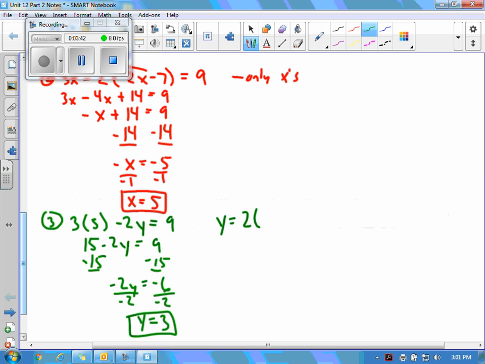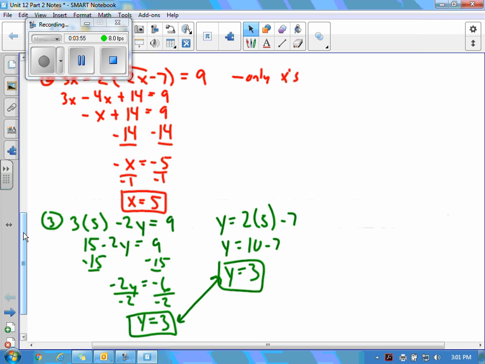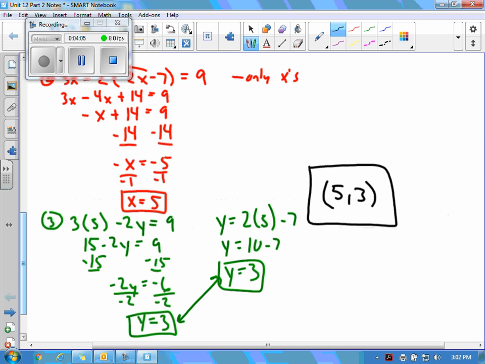So 2 times 5 minus 7. I get y equals 10 minus 7, or y equals 3. So if you look, it doesn't matter which equation I plug into. Now, if you remember from part 1, our solutions to systems of equations are going to be ordered pairs. So 5 is my x, 3 is my y. That's how I would write my answer.